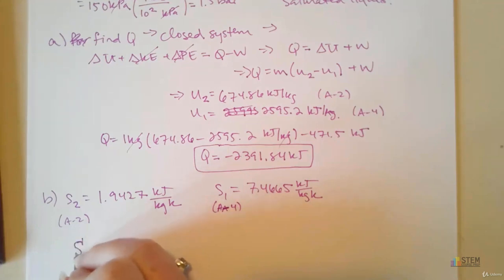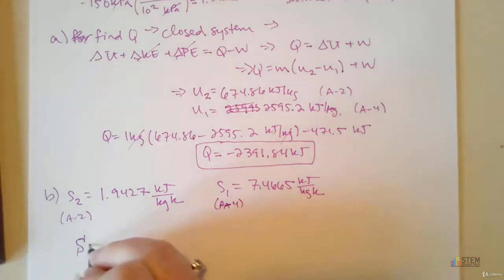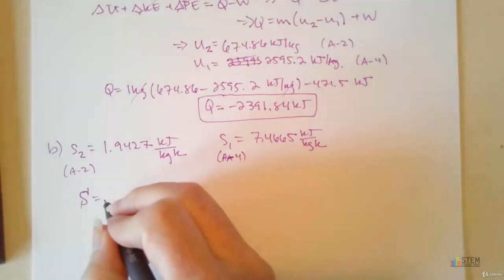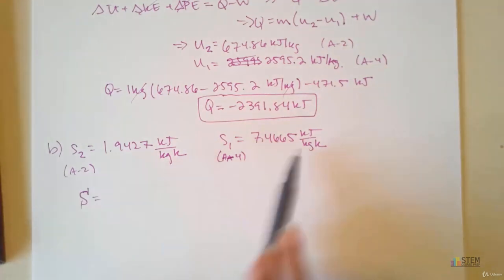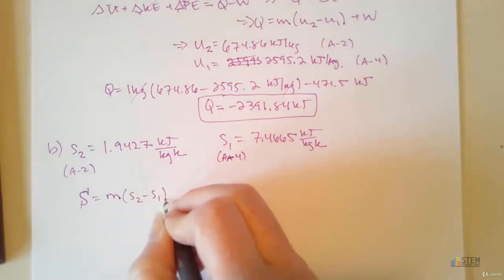Now, it didn't ask for change in specific entropy, it wanted regular entropy. So let's set that up so that we get entropy. All we need to do is get rid of the kilograms in the denominator. And how should we do that? That's right, we're going to multiply by mass. So we're going to have mass times S2 minus S1.